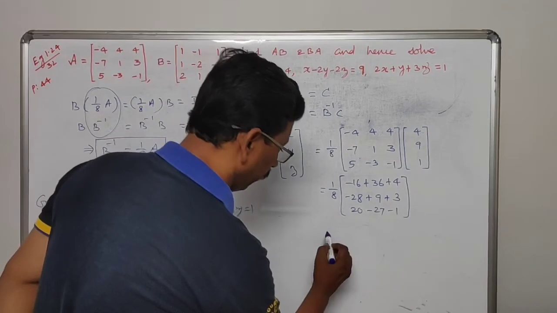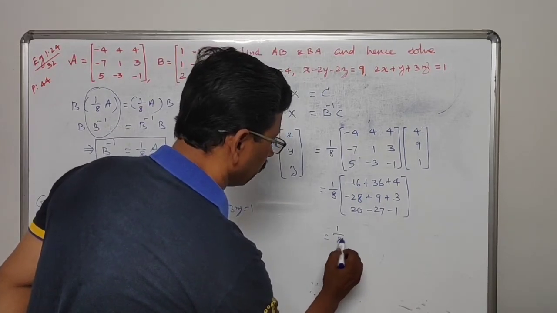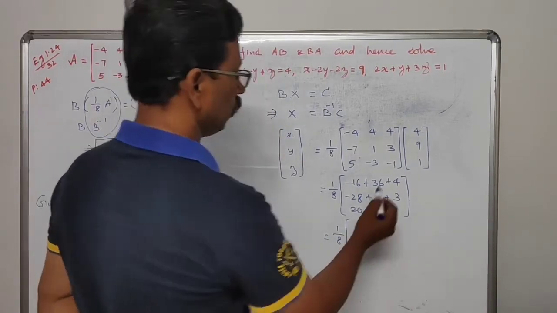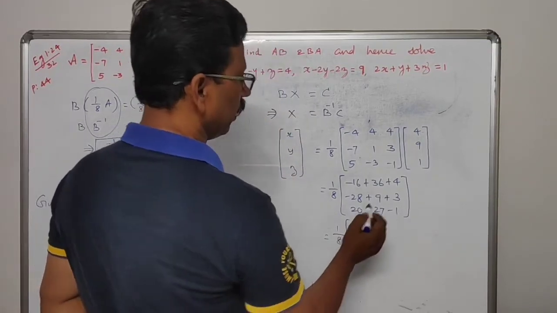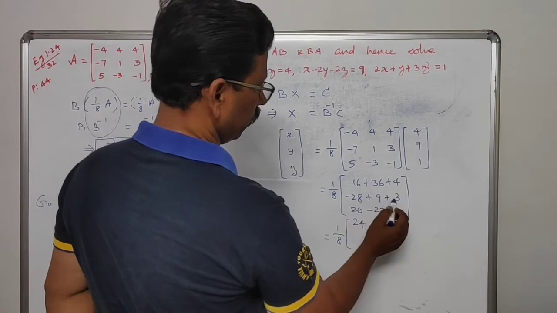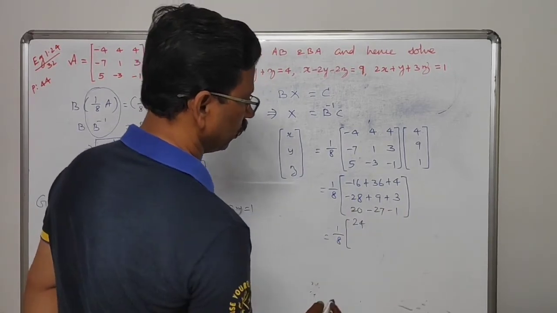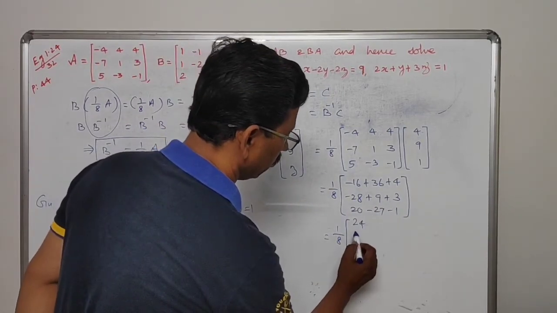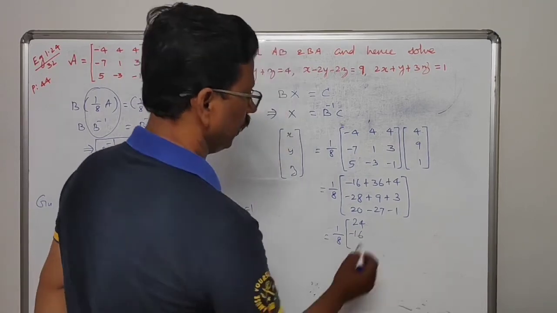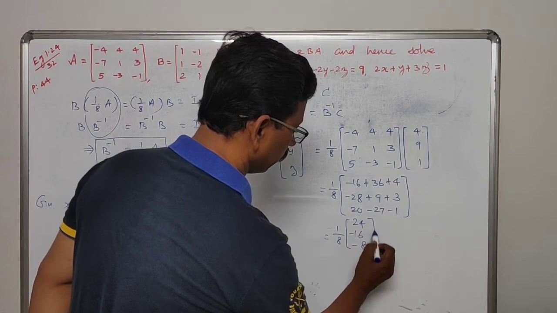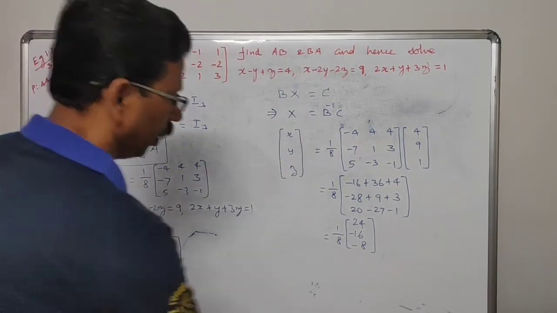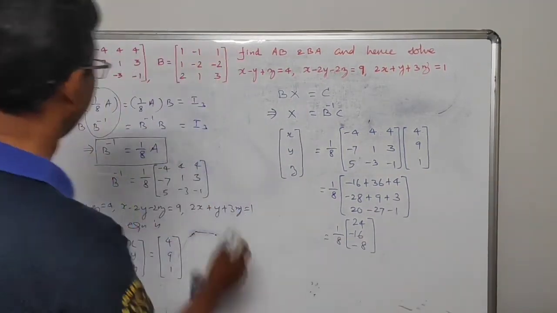Then you get 1 by 8 into 40 minus 16, which is 24, then 12 minus 28 means minus 16, then minus 28 is minus 8. Now we can take this 1 by 8 inside.